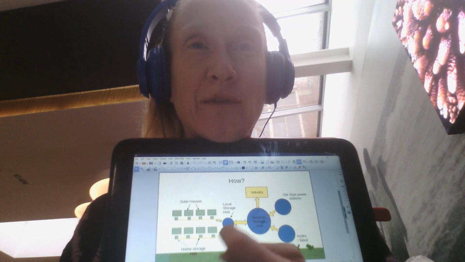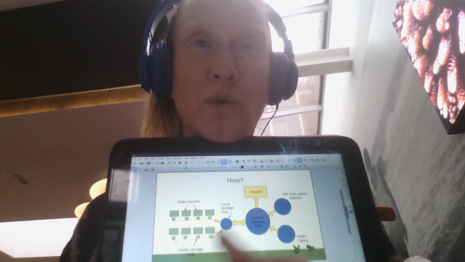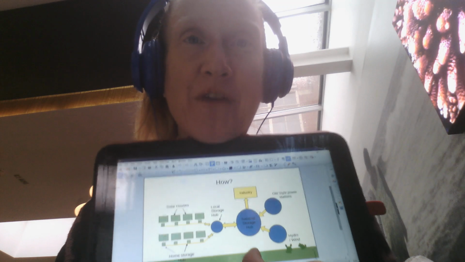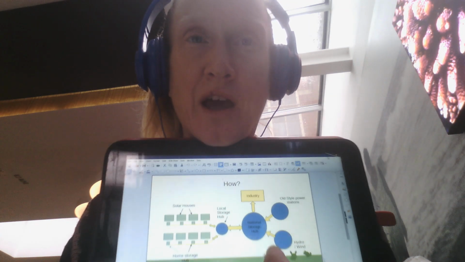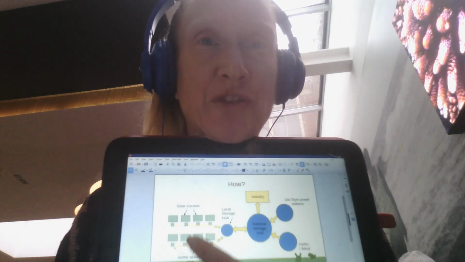But basically, when you are living in excess, all of the units send that to the national storage. You also have hydro and wind going into the national storage hub. Those are centralized.